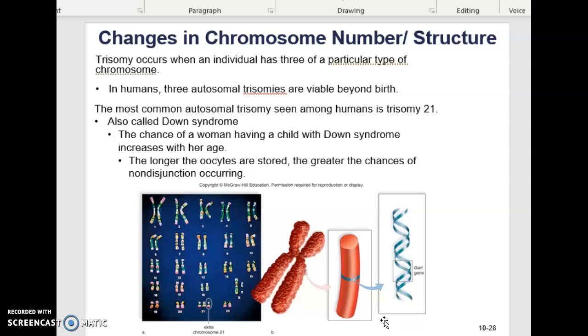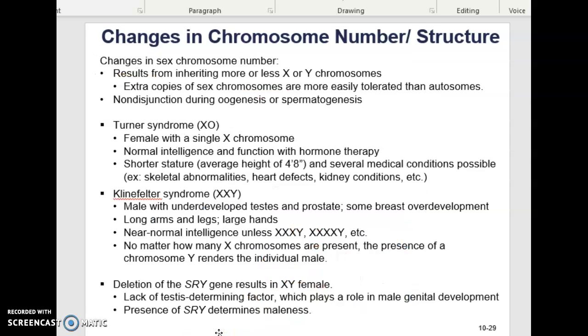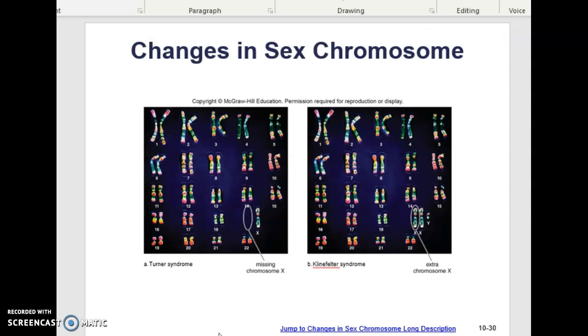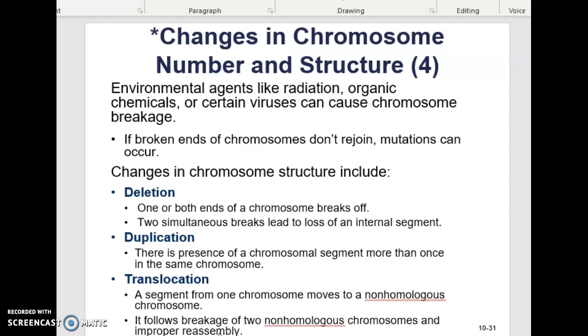We've heard of trisomy 21, also called Down syndrome, and that results from 3 copies of chromosome 21. Okay, and then you guys can look through these. I only have a few minutes on this video.